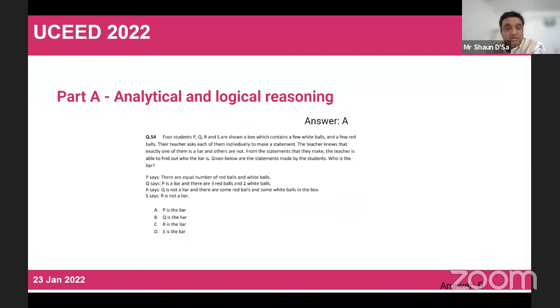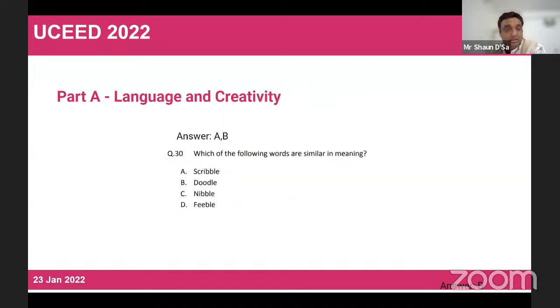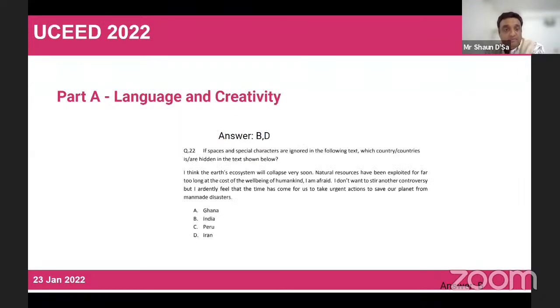Analytical and logical reasoning, your typical kinds of questions which they ask in many different types of entrance exams. An example is on the screen. Language and creativity: which of the following words are similar in meaning? There's another example for language and creativity.